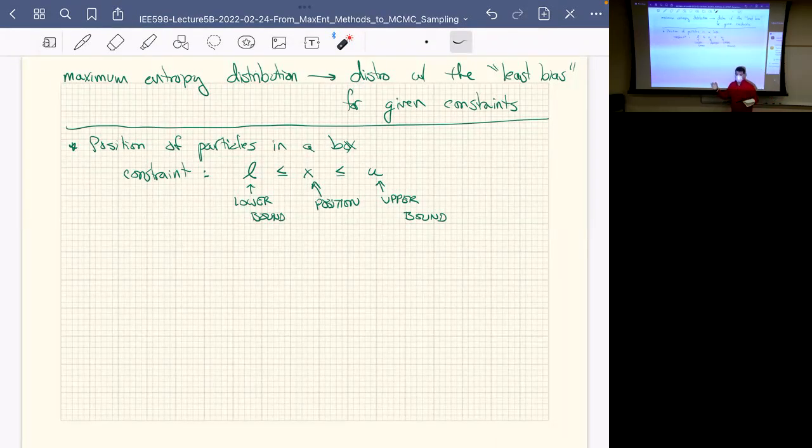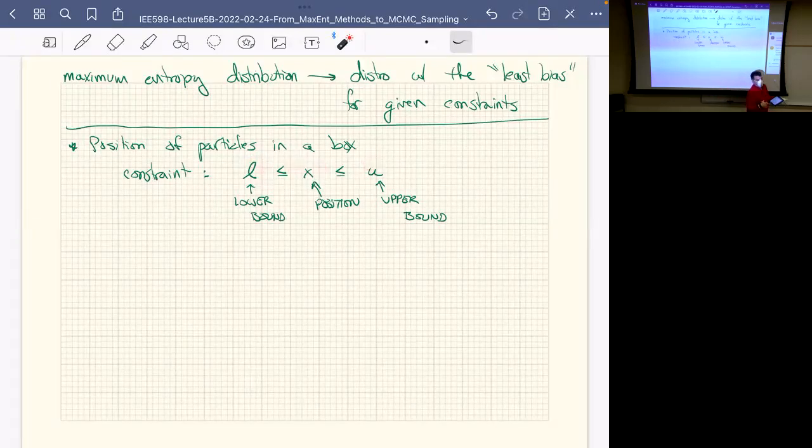So another way to view it, maybe I'm not simulating particles in a box, maybe I'm trying to tell a robot where to go search. So I'm telling it, here's a box, you need to figure out where to go search, go find a position and go search. And I can say, well, what position should I have the robot go to? I can have it start at the left side. I can choose distributions of robots throughout the box.